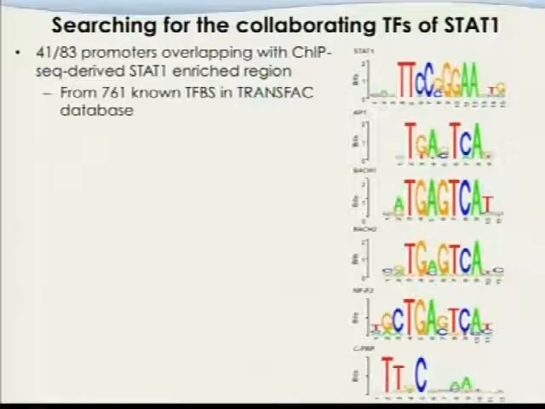We also found enrichment of many other motifs in these regions, including AP1 and a couple of others. But if you look at these patterns more closely, you will find that they have very big similarity in terms of their sequence features.